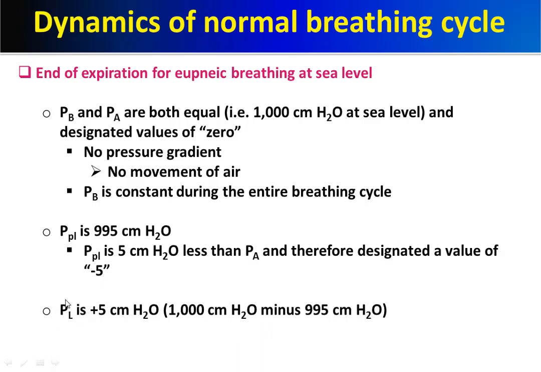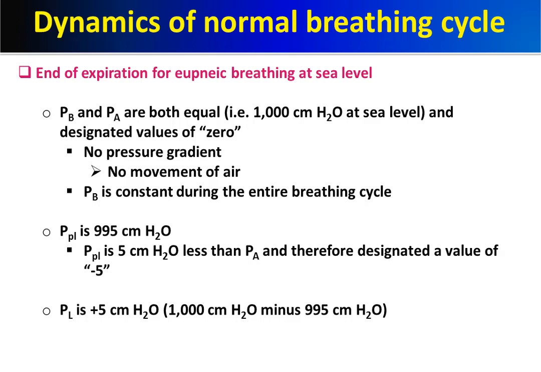The transpulmonary pressure, the PL, is positive 5 centimeters of water or positive 5 millimeters of mercury, because the pressure inside the alveoli is atmospheric pressure, which is 0, while the pressure inside the pleural sac is 5 centimeters of water or 5 millimeters of mercury lower than the atmospheric pressure.